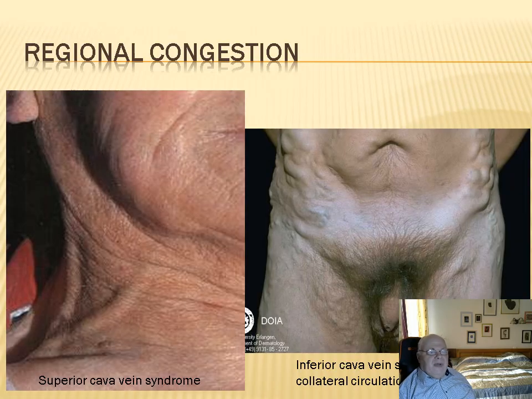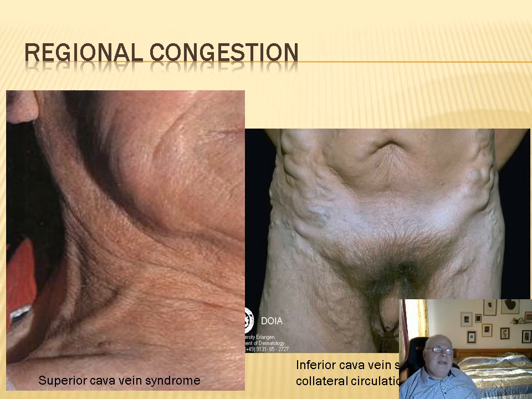The regional stasis or passive congestion this time, meaning the superior and inferior cava vein. I put here some images with this dilatation of jugular veins for the superior cava vein syndrome, this dilatation of lateral abdominal veins in inferior cava vein syndrome.